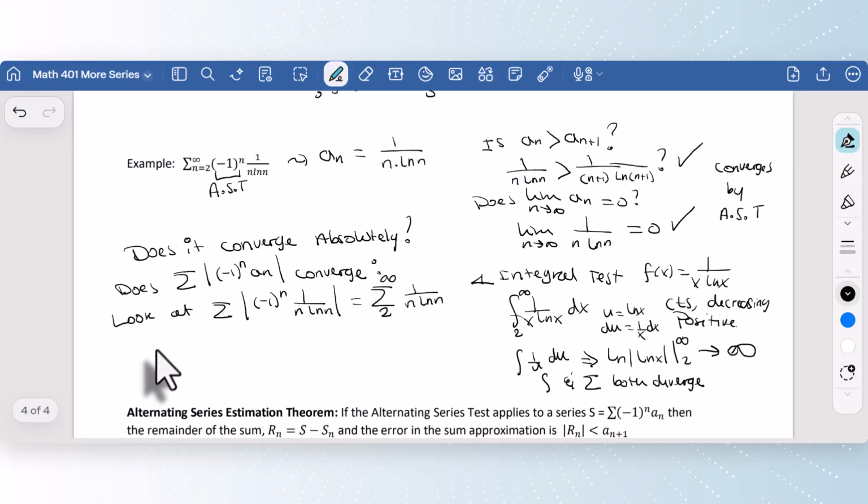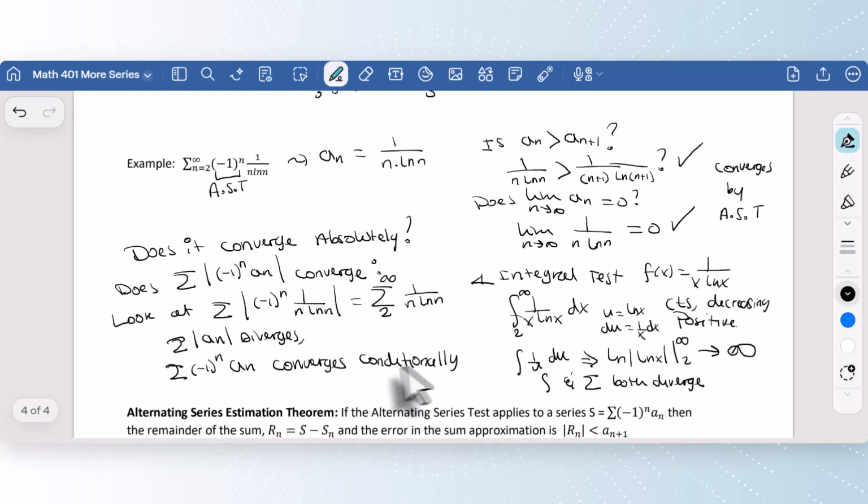No. Because the absolute value of a sub n diverges, I can say my original series converges conditionally. The conditionally comes from the fact that it did converge when it was an alternating series, but once I took the absolute value it diverged.